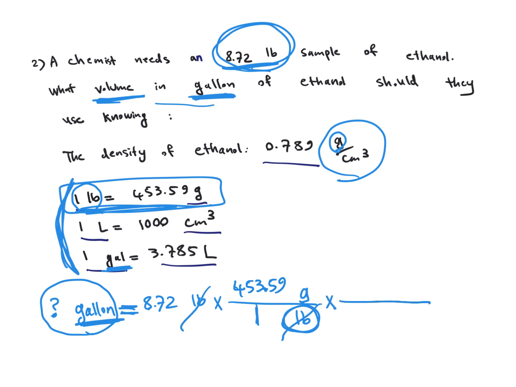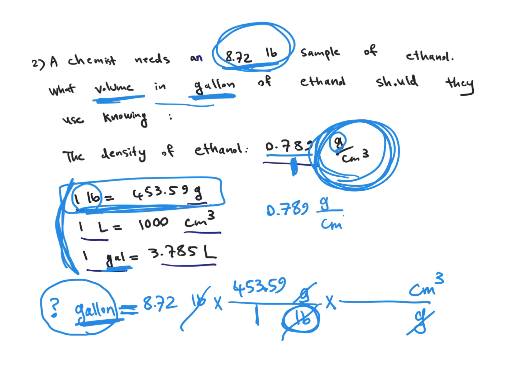Multiply by density. Now I have grams here in density. I can convert that to cubic centimeter, and I write gram in the denominator, so it cancels out with my numerator. And when I say the density is 0.789 gram per cubic centimeter, it means that 1 cubic centimeter of ethanol has a mass of 0.789 grams.